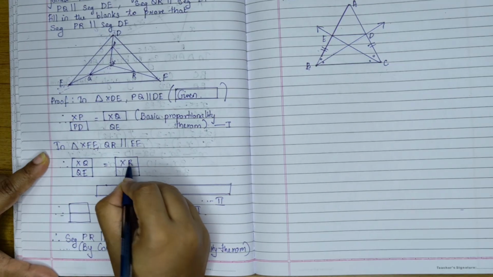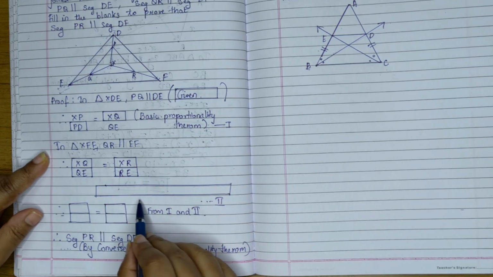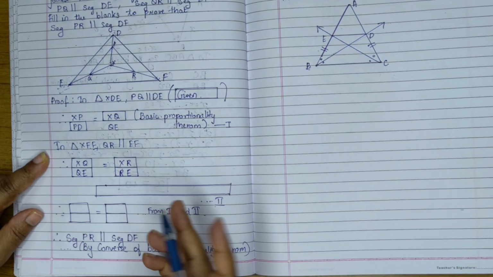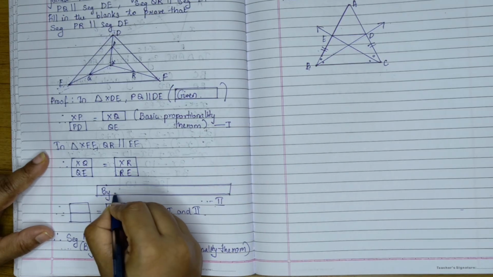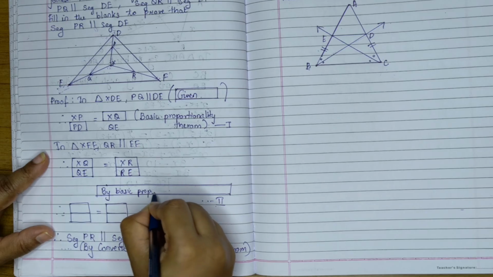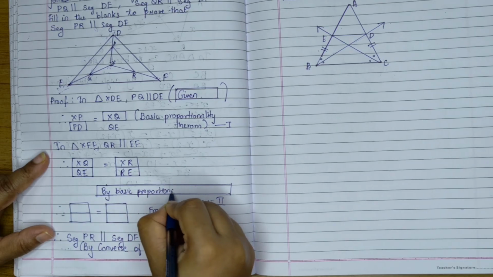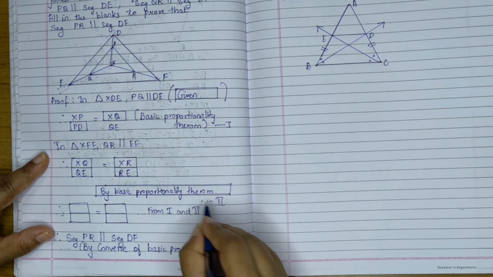This is your second part. And how do you get this? By the basic proportionality theorem. So in this box we will write by basic proportionality theorem, and this is the second one.